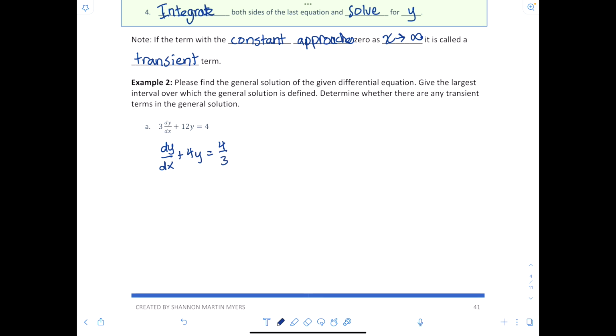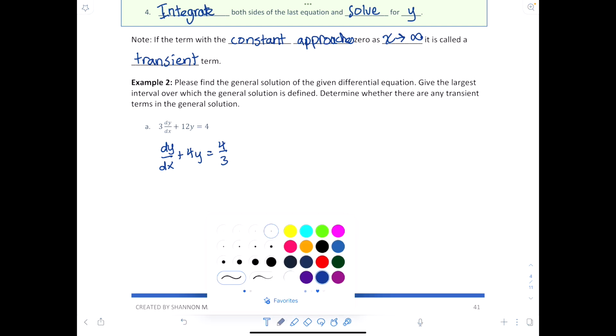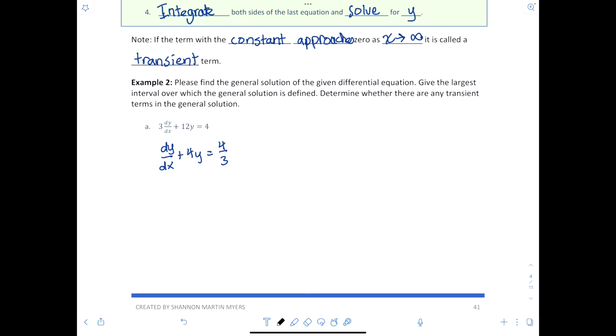Cool so far? All right, so now let's make our little list. f at x is just 4/3. It's on that right-hand side of the equal sign once we got dy dx to have a coefficient of 1. p at x is equal to 4.